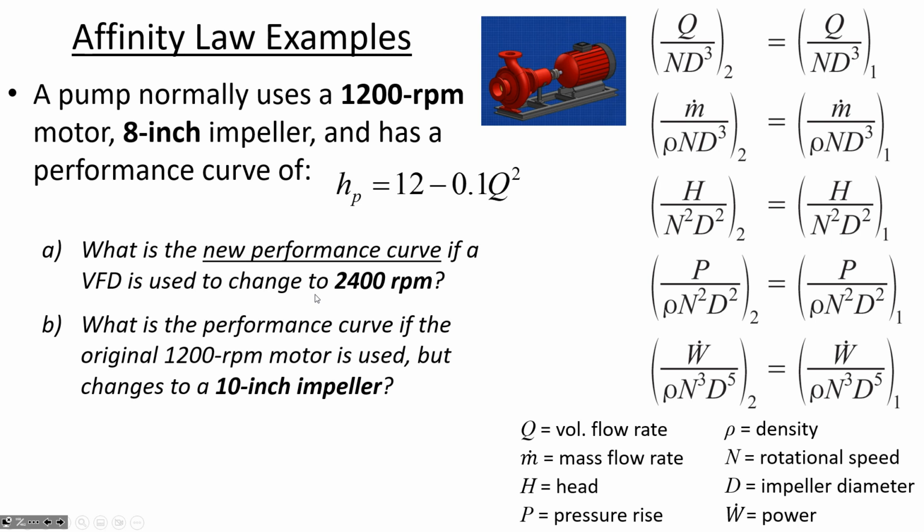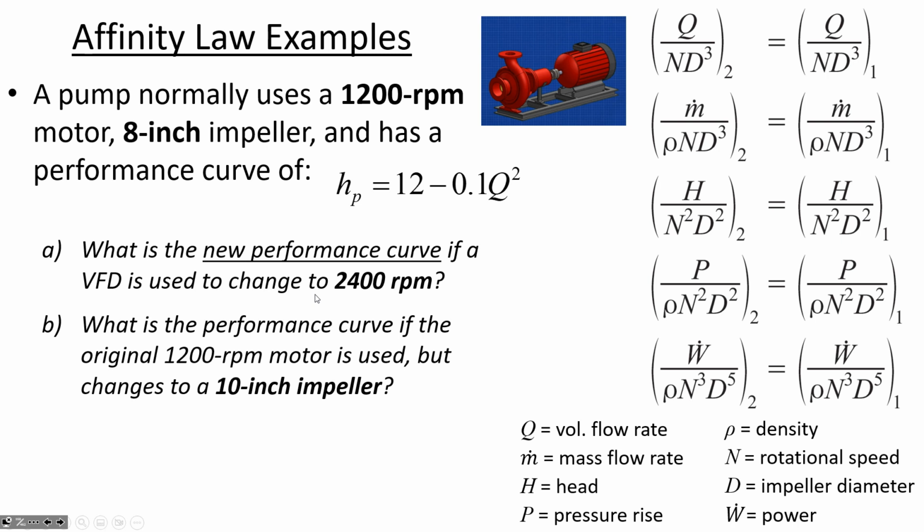But now D1, the diameter under the original case, which was 8 inches, is replaced with a related pump which has an impeller of 10 inches. So how is that going to adjust the performance curve? Are we going to get a nice return on that investment? Pairing it with a new motor gave us a huge increase in the cutoff head. So how would things change if we just got a slightly larger impeller?